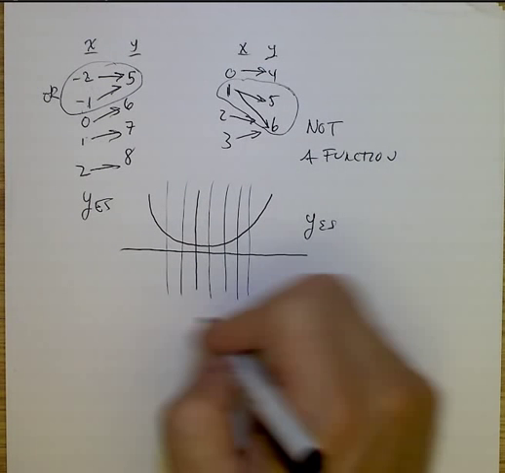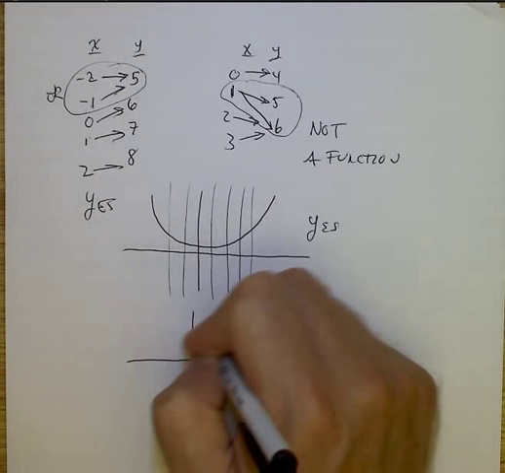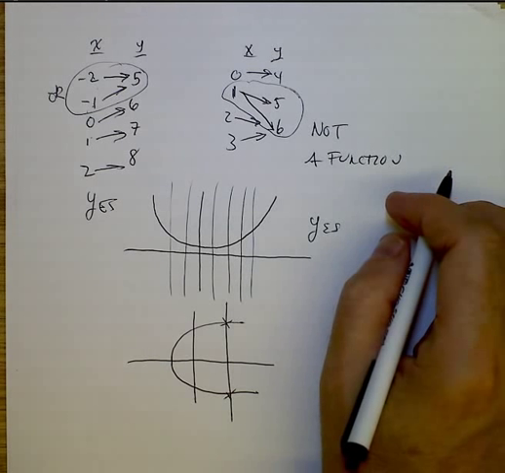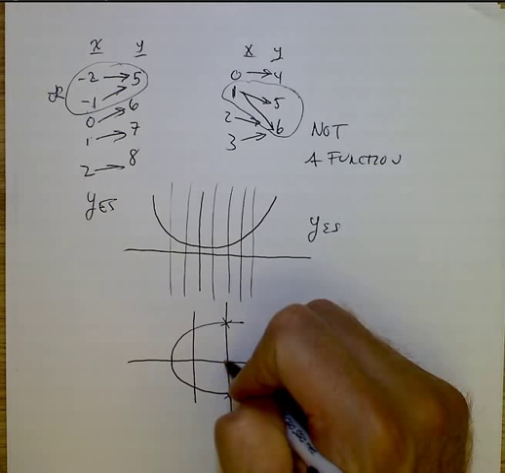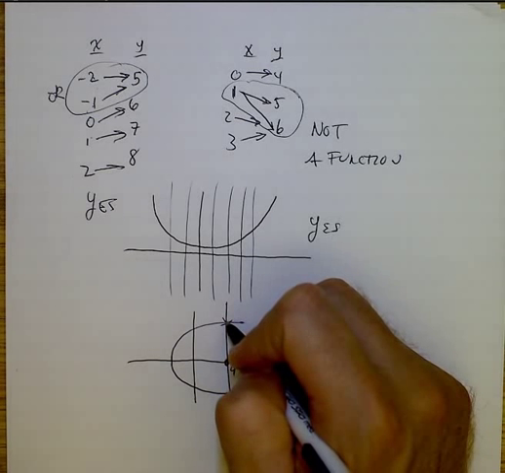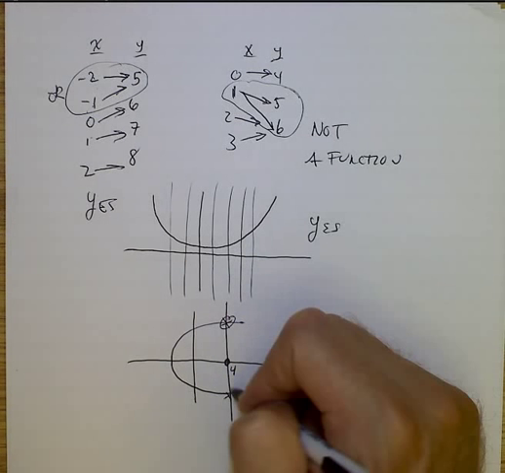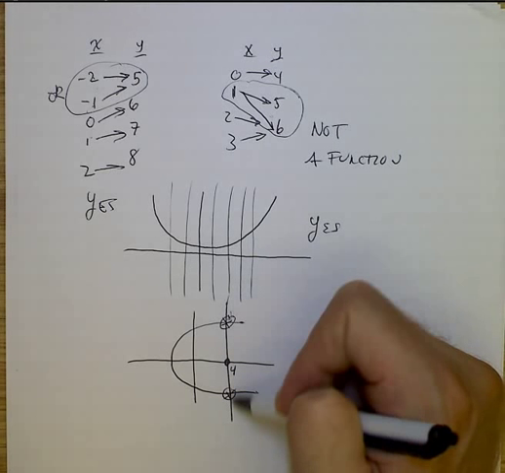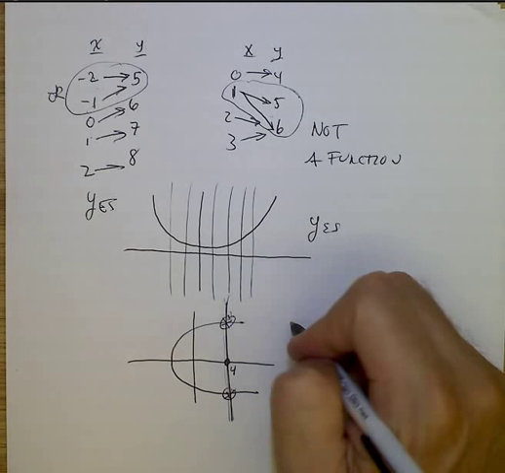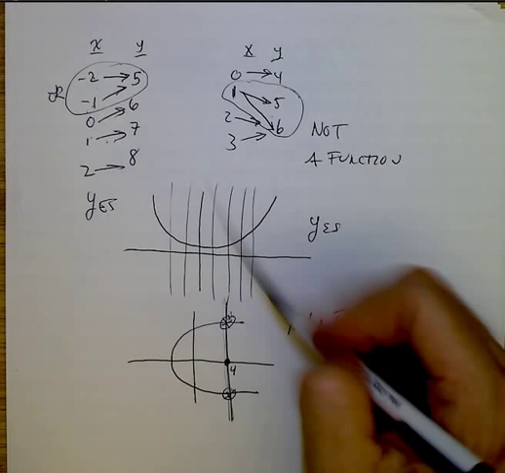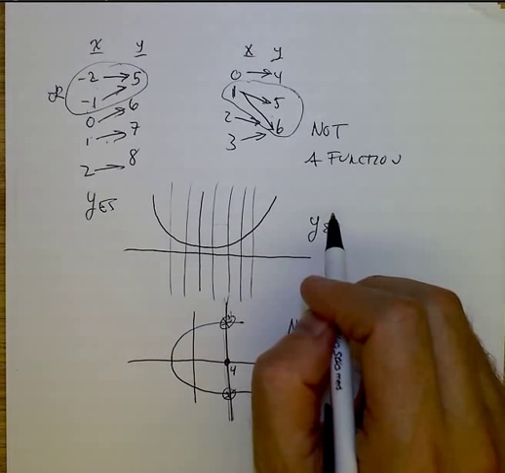But if that vertical line crosses the graph at more than one point, like 2 points, what that means is this value of x right here, let's say this is 4, has the answer y or output y right here, and a second one here. This is this case right here. There's a single x that has two y. So if it fails the vertical line test, which this does, it's not a function. Okay, so you can do it with this. You can also graph it on your calculator and show it there.